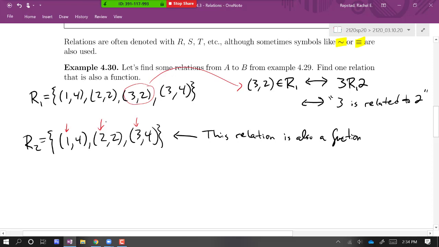I don't need everything in A to have to be a first coordinate. What makes R1 not a function is I've got a repeated first coordinate. Like 3 goes to 2 and 3 also goes to 4. That's not allowed if I wanted a function. It's totally allowed for a relation.